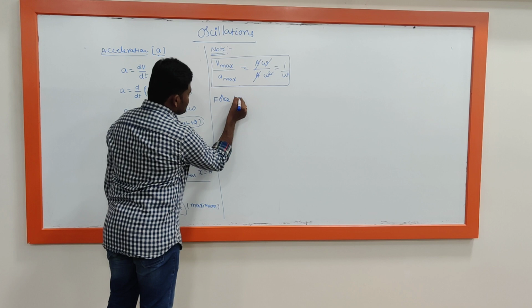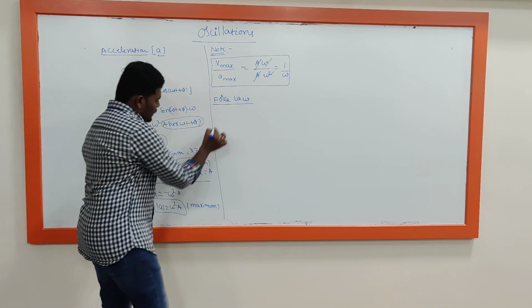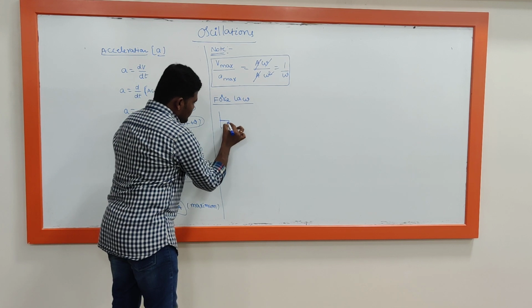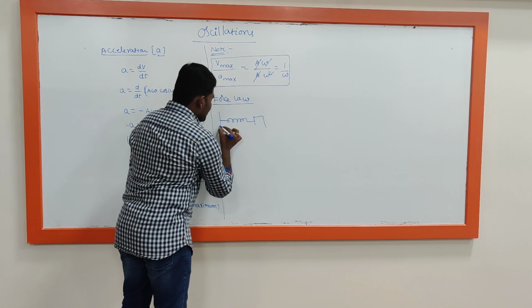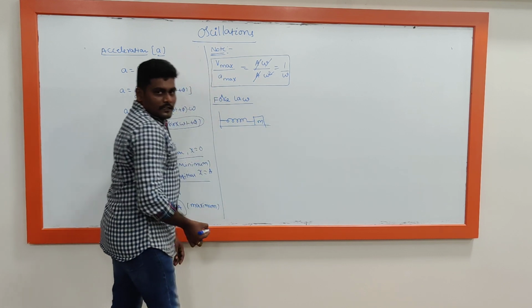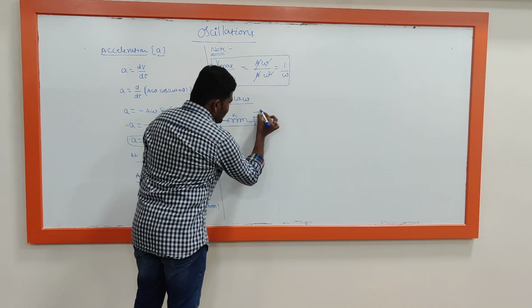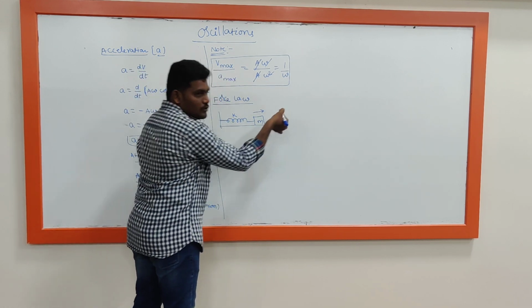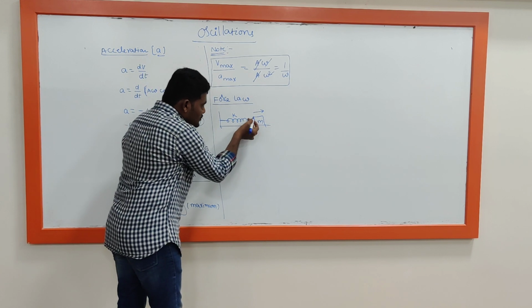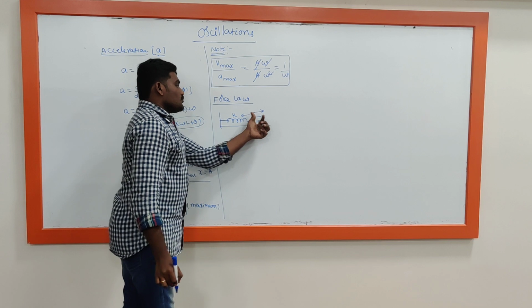The next one, force law. Take a rigid support, and to that support a spring is connected to a block of mass M. The spring's force constant is K. If you apply a force in this direction, the particle tries to move, but due to the spring's tension the particle tries to move back towards the left side.